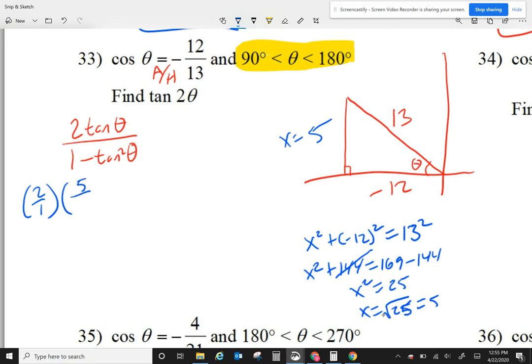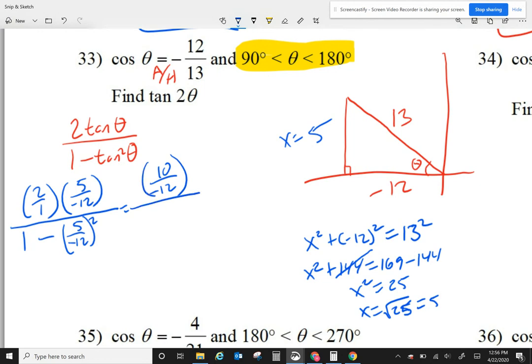So 5 over negative 12, over, at the bottom I have 1 minus tangent squared of theta. So 5 over negative 12 squared. All right, let me deal with the fraction on the top. I have a 10 over negative 12.